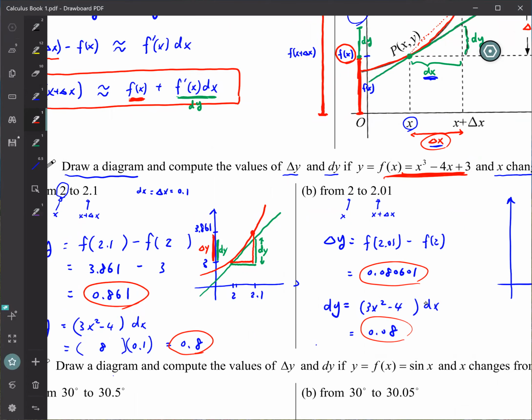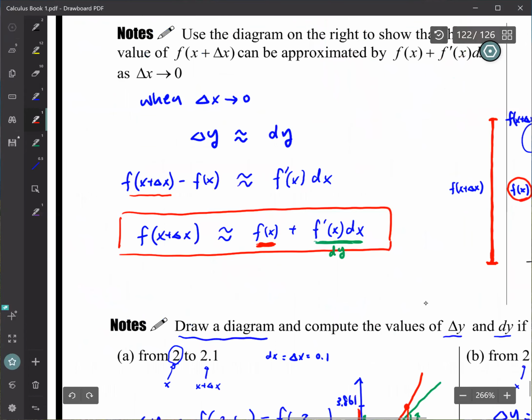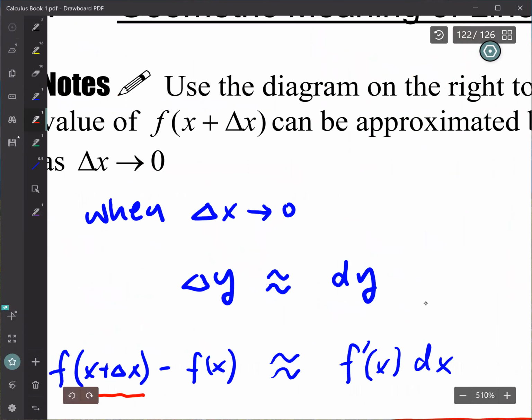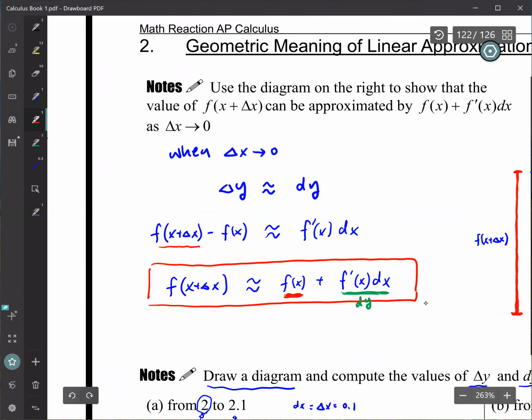The concept you need to remember is that the smaller the delta x, the more accurate your estimate is. The delta y will be even closer to dy. So the two examples are just trying to demonstrate that it works.